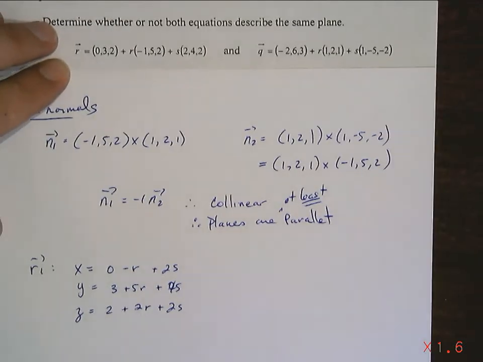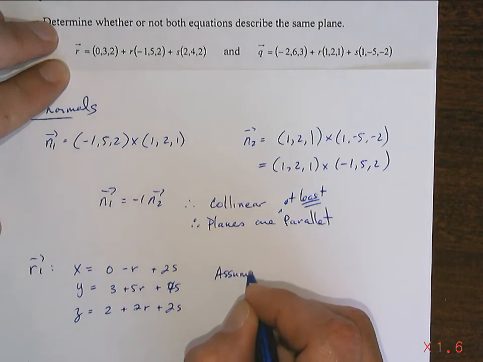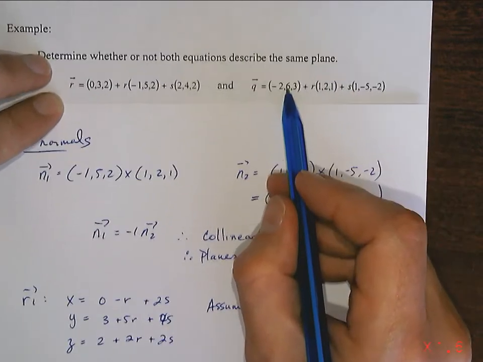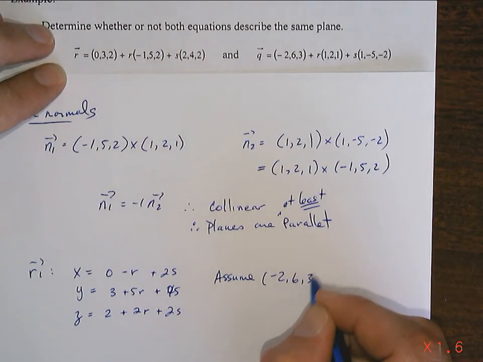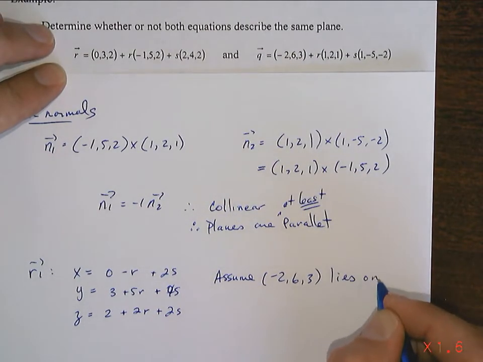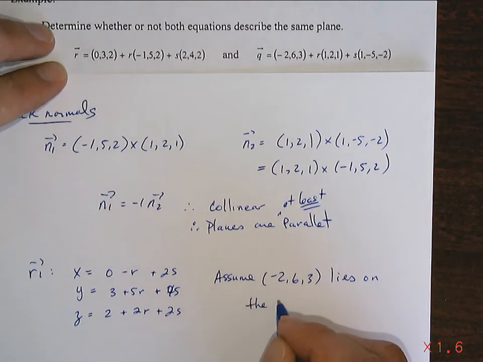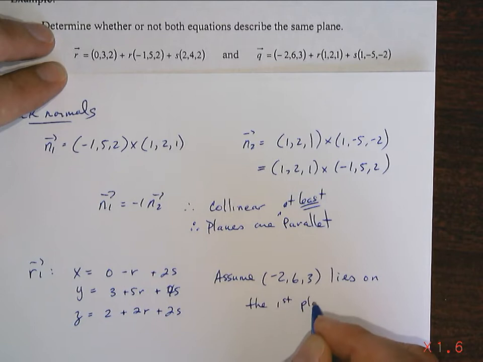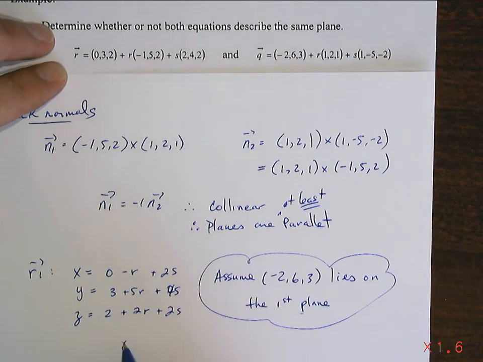Is that better? Okay. So now what we're going to do is assume the point on the other plane lies on plane 1. When we assume this, we're going to say x equals x, y equals y, z equals z.